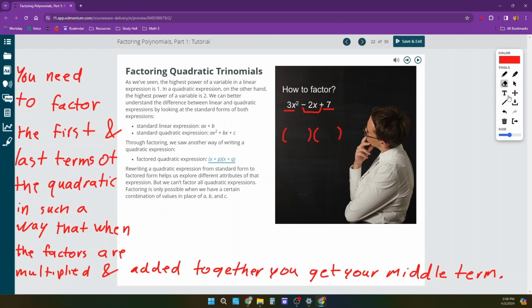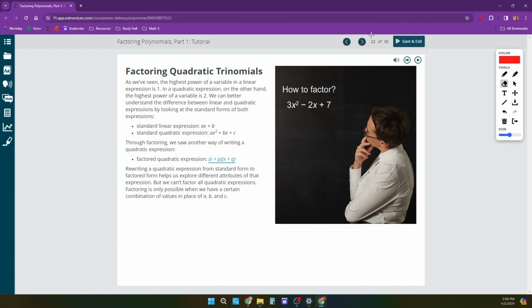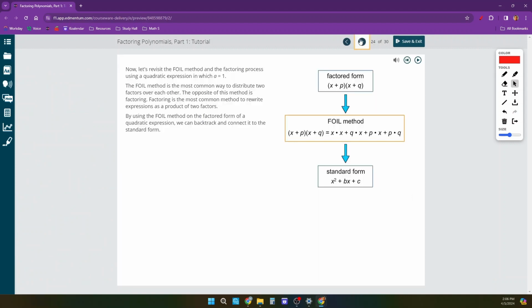And the reason for that is, as illustrated on page 24, when you FOIL, when you go from factored form to the standard form of a quadratic, you have your first term, x times x, and you get p and q, those are the factors of your last term c.